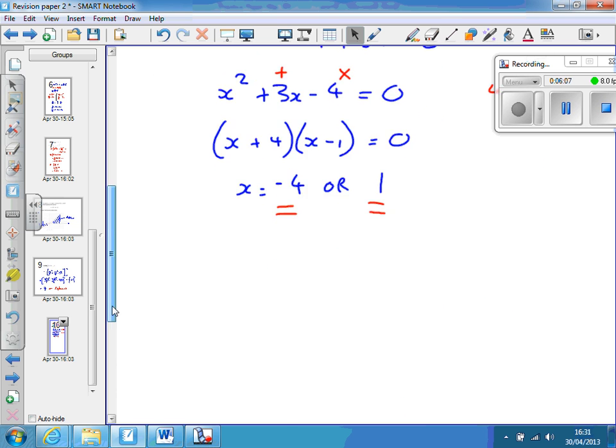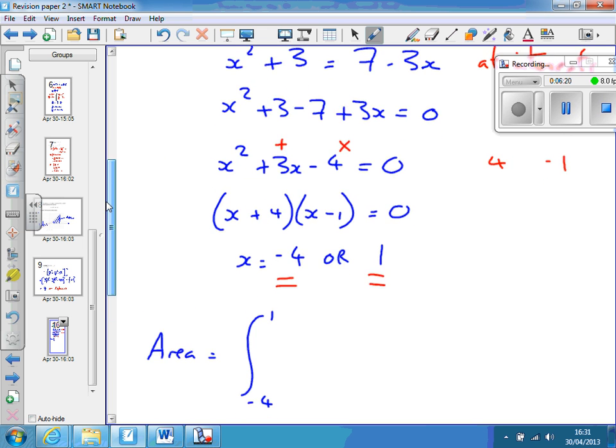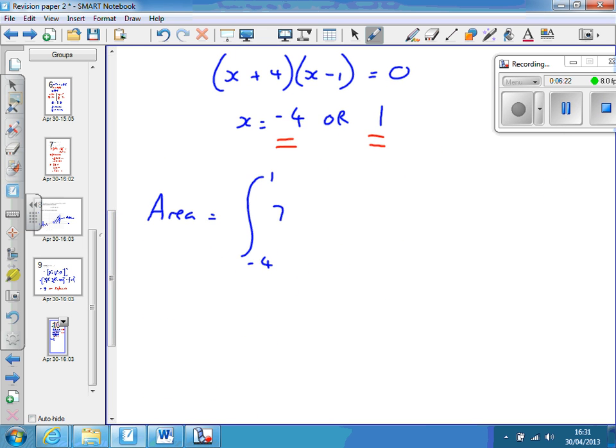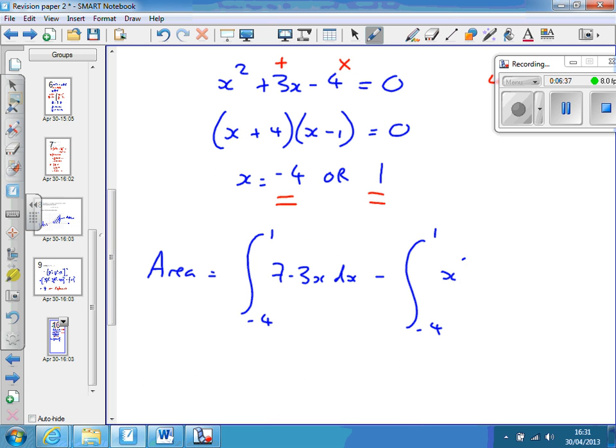So I'm going to end up with the area equals the integral between minus 4 and 1 of the straight line, which was 7 minus 3x, with respect to x, minus the integral between minus 4 and 1 of the curve, which is x squared plus 3.